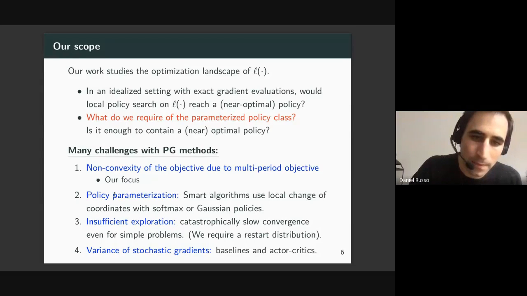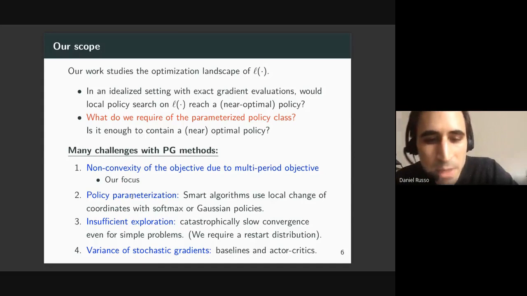Now, beyond that, there are at least 3 other major challenges with policy gradient methods. One is the variance in the stochastic gradients, and we're imagining that you average enough gradients that that's not a problem. Another is insufficient exploration, or as the question already got to, how that distribution rho affects the landscape of the optimization problem, and we're requiring that rho has nice support everywhere.